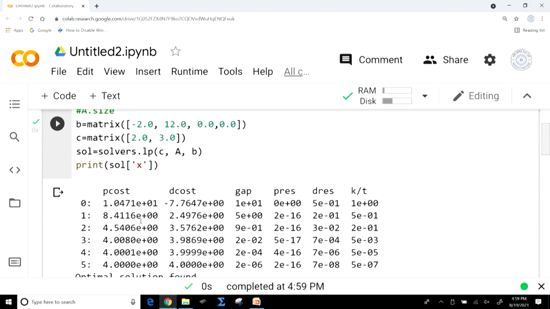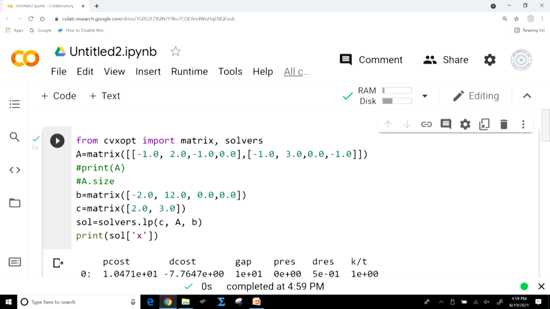Now, suppose you want to reduce the number of iterations, you want to see what solution you are finding in, suppose, the second iteration. How can you do that?